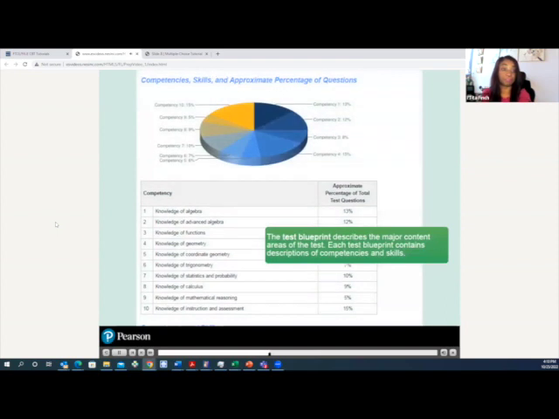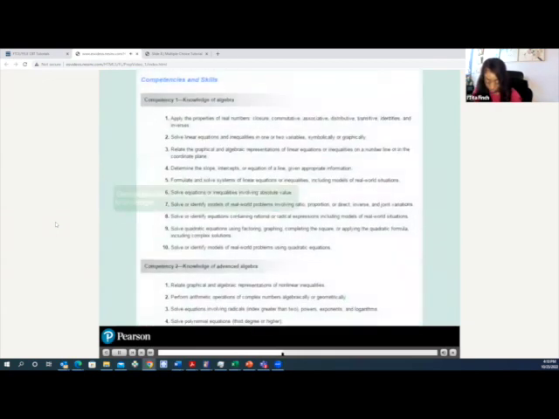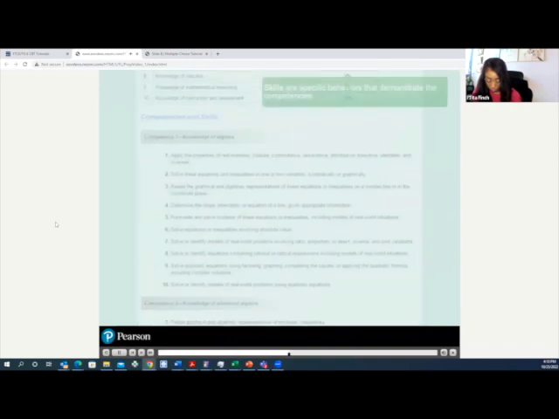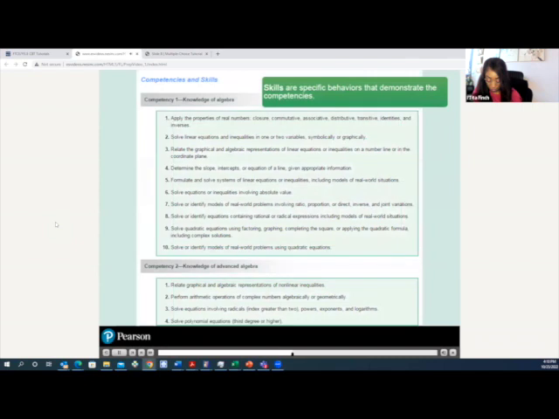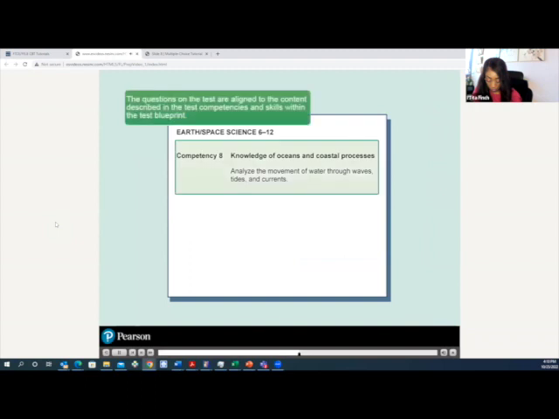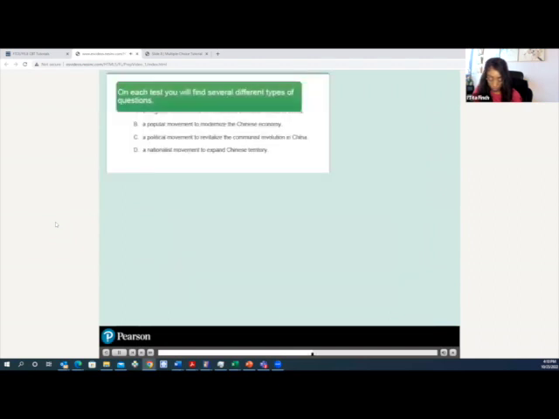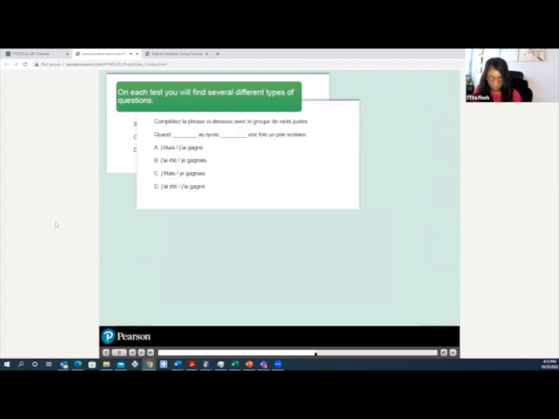The test blueprint describes the major content areas of the test. Each test blueprint contains descriptions of competencies and skills. Competencies are broad areas of content knowledge. Skills are specific behaviors that demonstrate the competencies. The questions on the test are aligned to the content described in the test competencies and skills within the test blueprint. On each test, you will find several different types of questions.